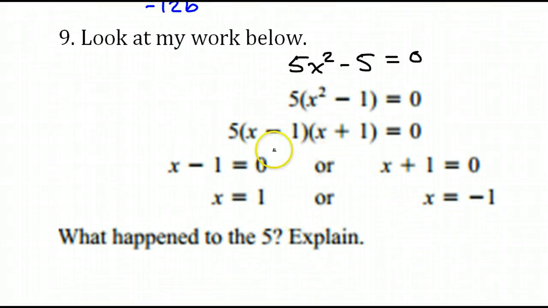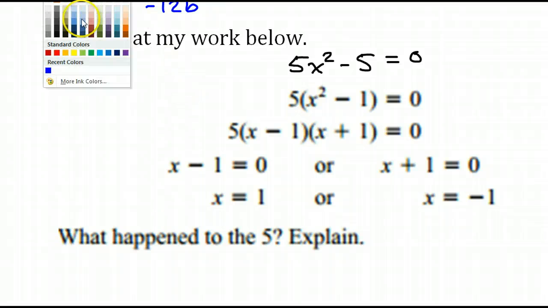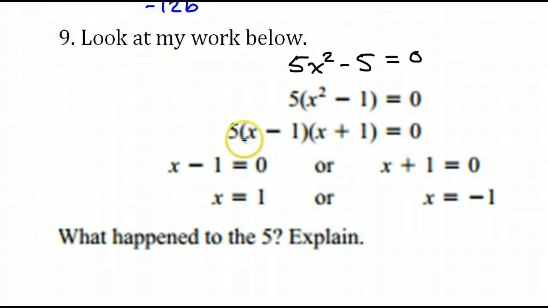Well, there's two ways you can think about it. One way to think about it is you could, at any of these 3 steps, divide both sides of the equation by 5. You could have done it at the beginning. You definitely could have done it here. Alright, get rid of that 5. 0 divided by 5 is 0.